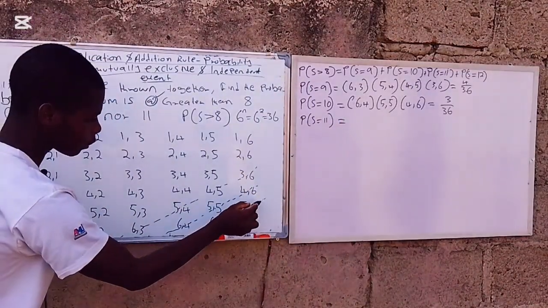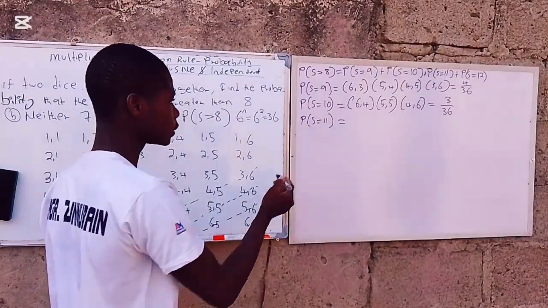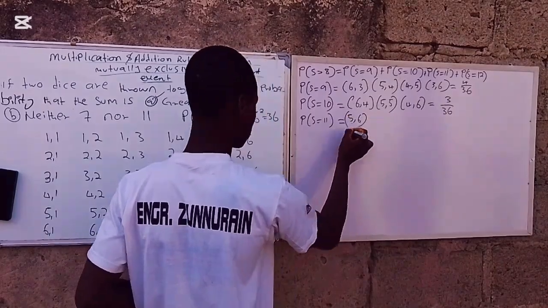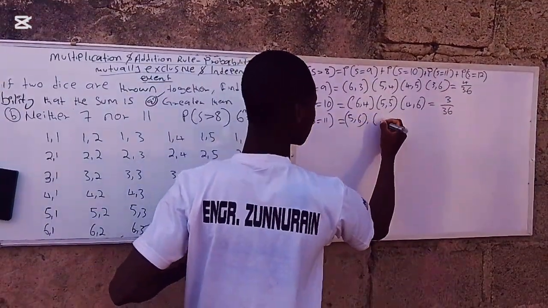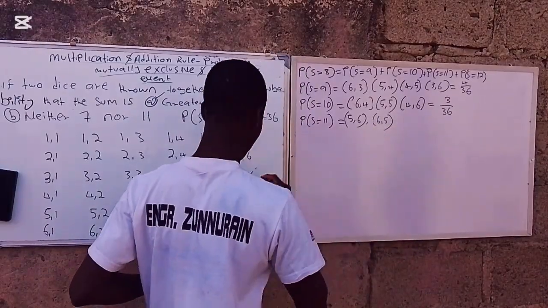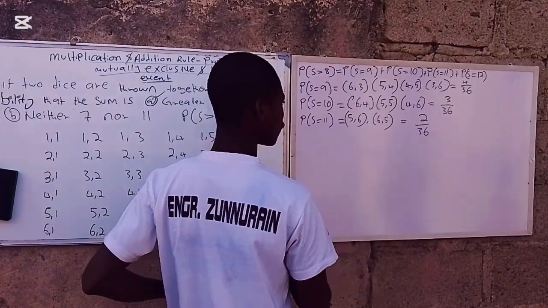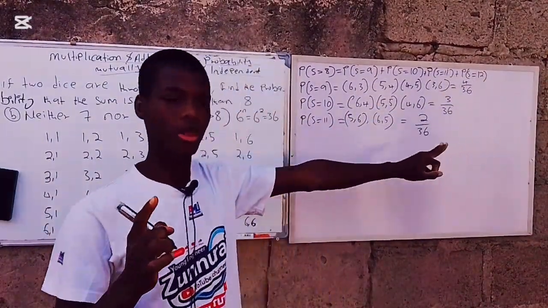What is the probability that it is equal to 11? I have to take a look at this. 6 plus 5 is 11, 5 plus 6 will give me 11. So I have 5, 6 and 6, 5. So this should be equal to 2 divided by 36. What will be the probability that it is equal to 13?